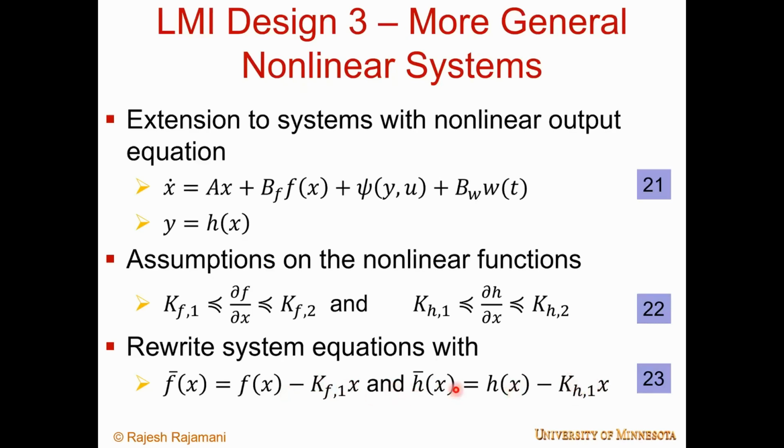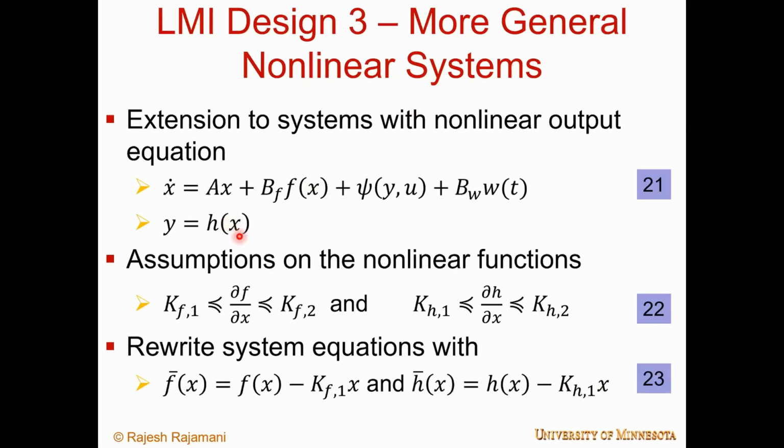So the reason why we rewrite the system equations in this way is because it makes the derivations easier, especially if you want to have more observer degrees of freedom. So if you want to have, in addition to the observer gain matrix L, additional observer gain matrices that are injected through the nonlinear functions f and h, basically you can have more observer degrees of freedom by having these additional observer gains.